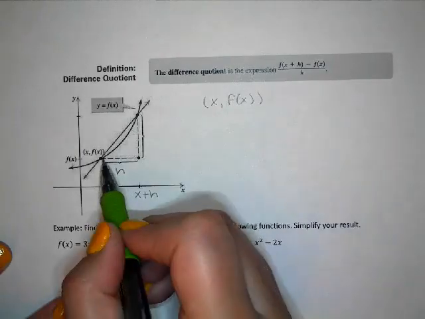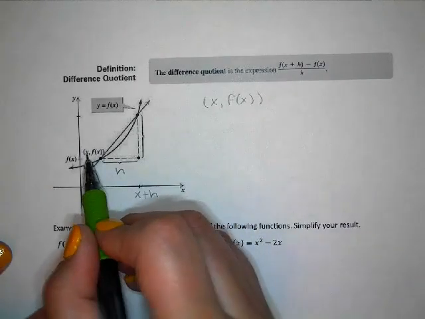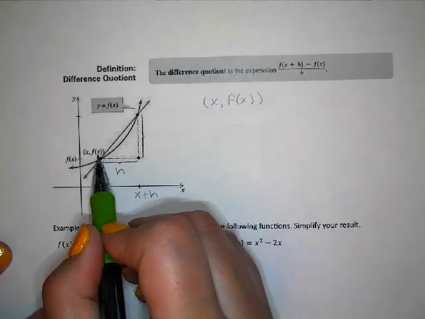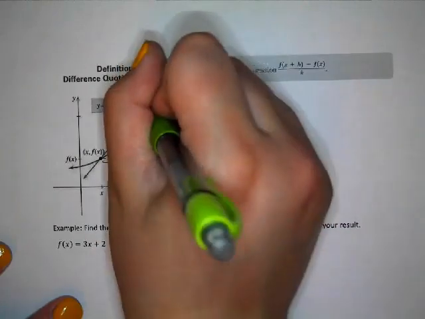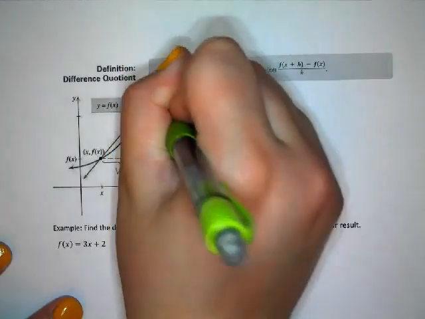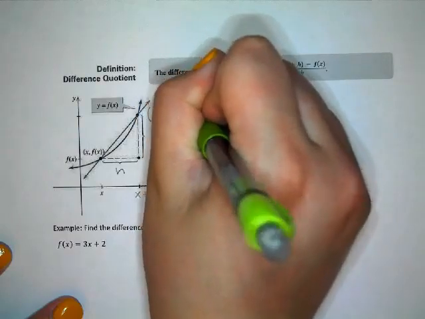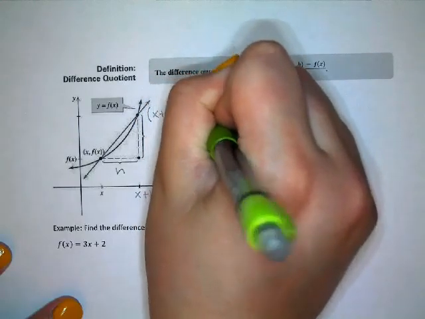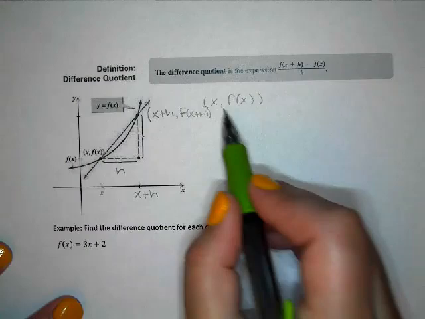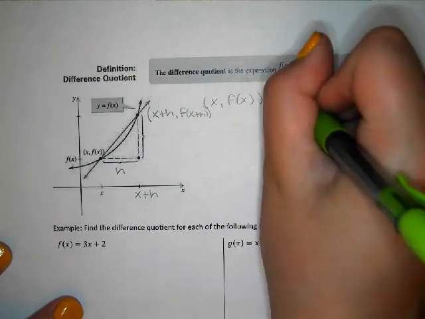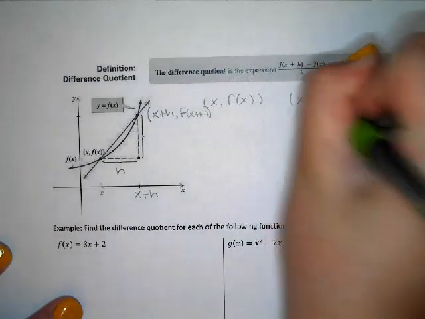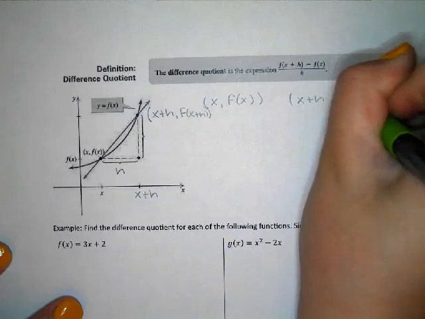So this point is x for the x-coordinate, f of x for the y-coordinate. This other point would be x plus h for the x-coordinate, and it would be f of x plus h for the y-coordinate. So this is our first point. Here's our second point.